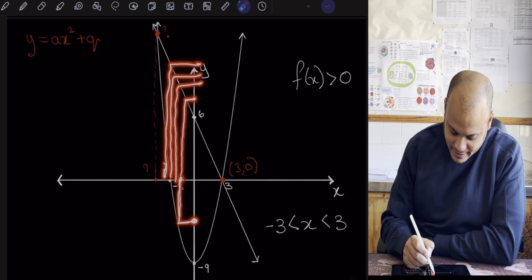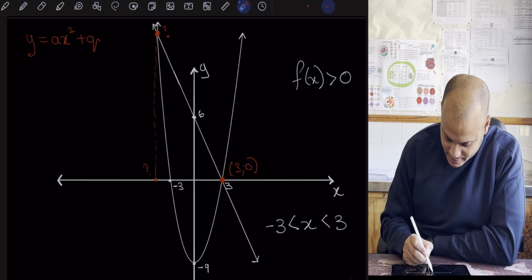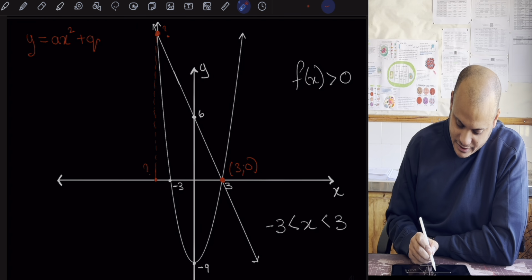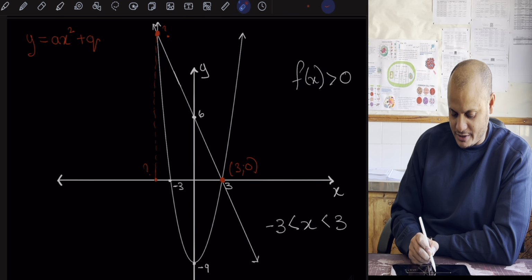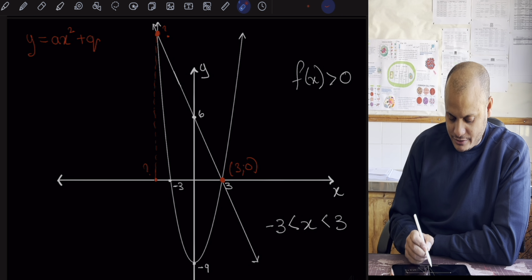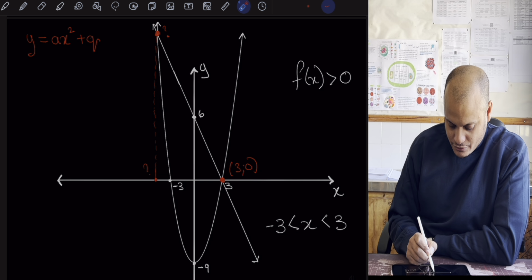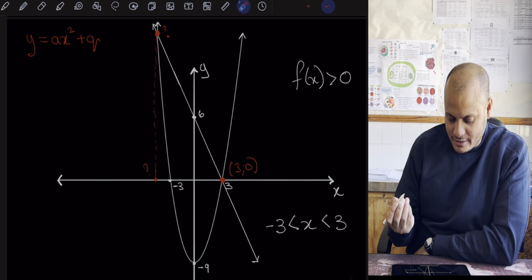The same will be true there, but for my parabola up to this point, 3 or -3, my parabola will have negative values. But now you say, okay, but if your boundary reference point is here, what happens between -3 and this number, which we'll get to in a moment? Well, it is still true that my y values for my parabola are less than my straight line.